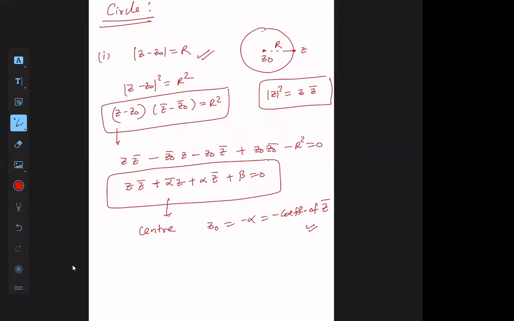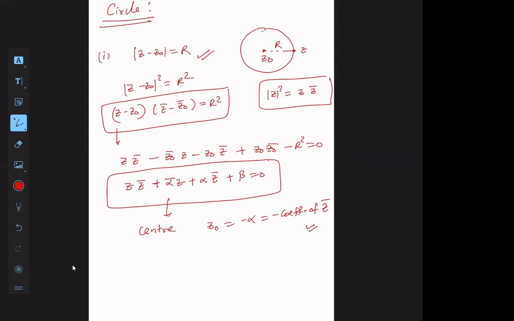Always remember in this form that the center is the negative of the coefficient of z bar. Don't remember it in the form of alpha or beta, otherwise you will be confused about whether alpha is the coefficient of z or z bar. So always remember in this form, the center is minus times the coefficient of z bar.